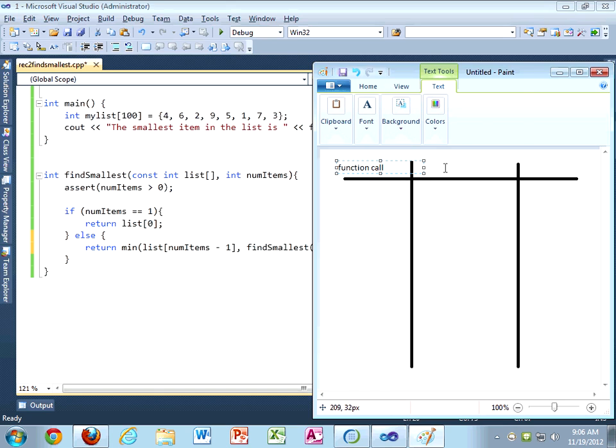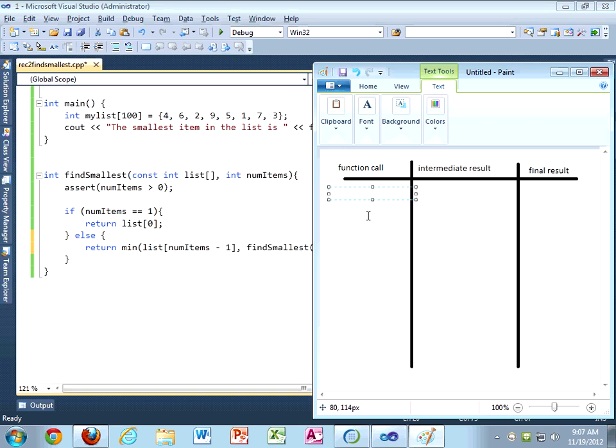Okay, so this is our function call, and this is our intermediate result, and this is our final result, right? So now we're going to have to be a little bit clever here about how we represent this, right? Somehow we're going to have to actually represent the array here in our diagram, in our table.